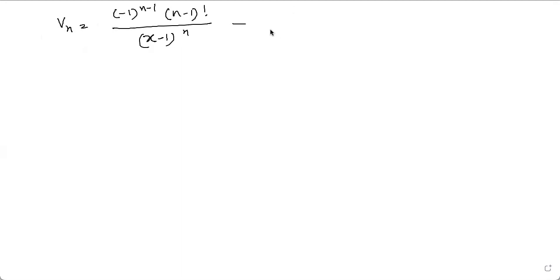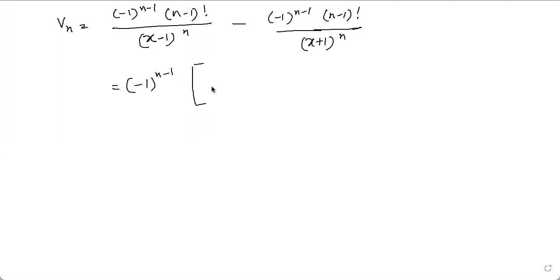Now for log(x+1), this would be minus (−1)^(n−1) (n−1)! / (x+1)^n. Now further, we can take (−1)^(n−1) as common, and also (n−1)! is common. So this would be 1/(x−1)^n minus 1/(x+1)^n.